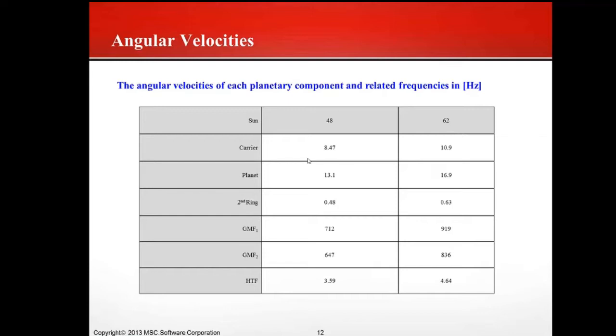Of course, this involves a lot of sophisticated calculation, using the corresponding planetary gear formulas. Then we calculate the carrier speed, the planet speed, and the second ring speed, because the first stage ring is fixed, and the gear mesh frequency of the first stage, the gear mesh frequency of the second stage, and the Hunting Tooth frequencies. So we calculate all the possible velocities here. In this way, this will help us understand the system better.